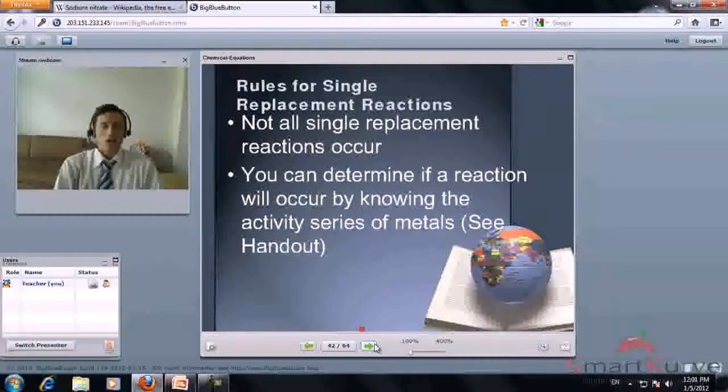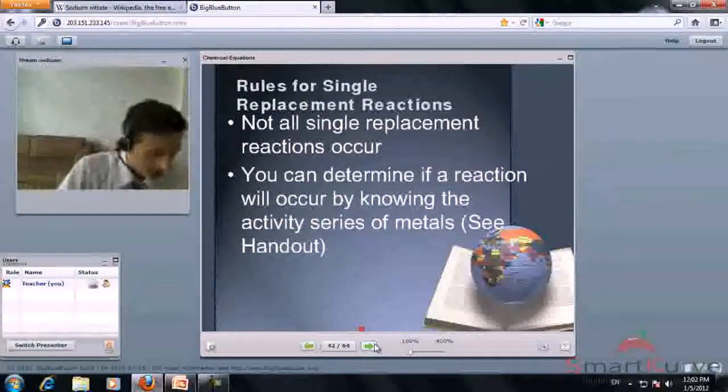Not all single replacement reactions occur. You can determine if a reaction will occur by knowing the activity series of metals. See our handout. Okay, now this is interesting.